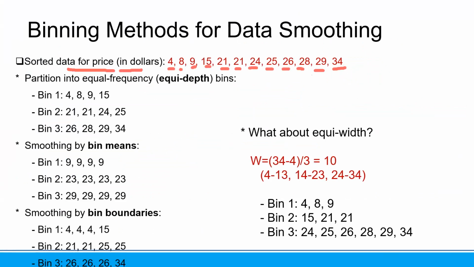So how many data do we have? 1, 2, 3, 4, 5, 6, 7, 8, 9, 10, 11, 12. So we have 12 data, and this data has been sorted. This is the minimum, and this is the maximum.